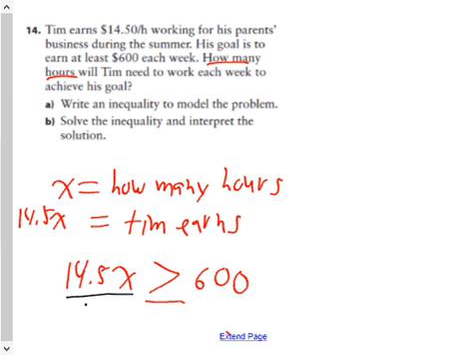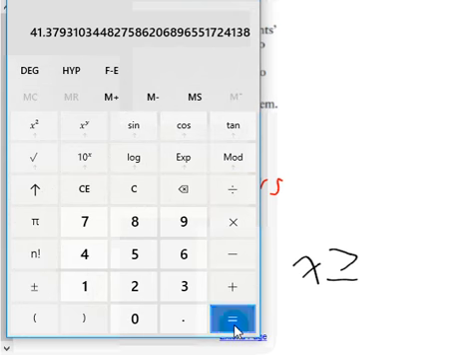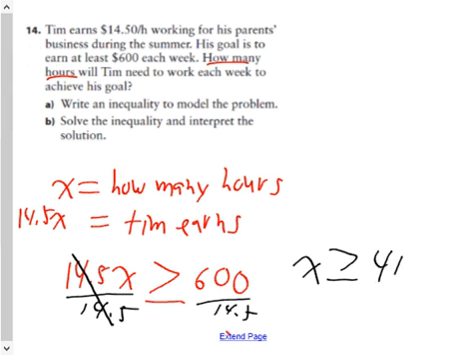I'm going to isolate the variable by dividing by his hourly wage to figure out how many hours he has to work. Any hours greater than or equal to 600 divided by 14.5. He has to work at least 41.37.